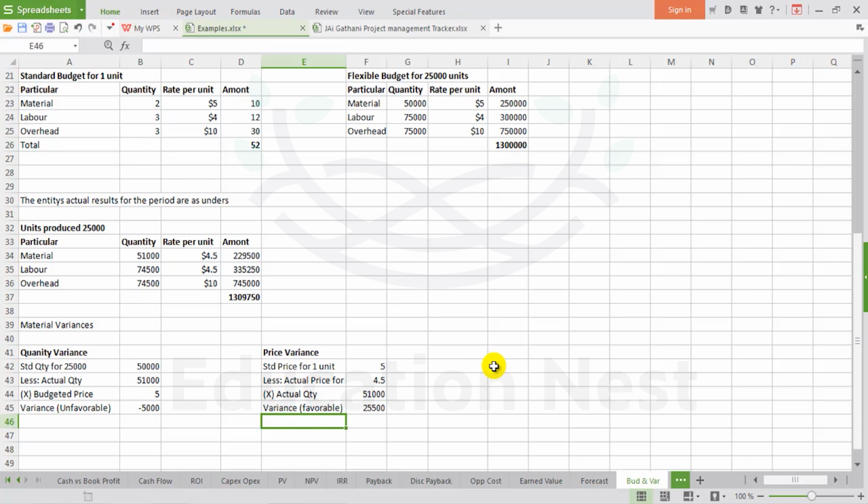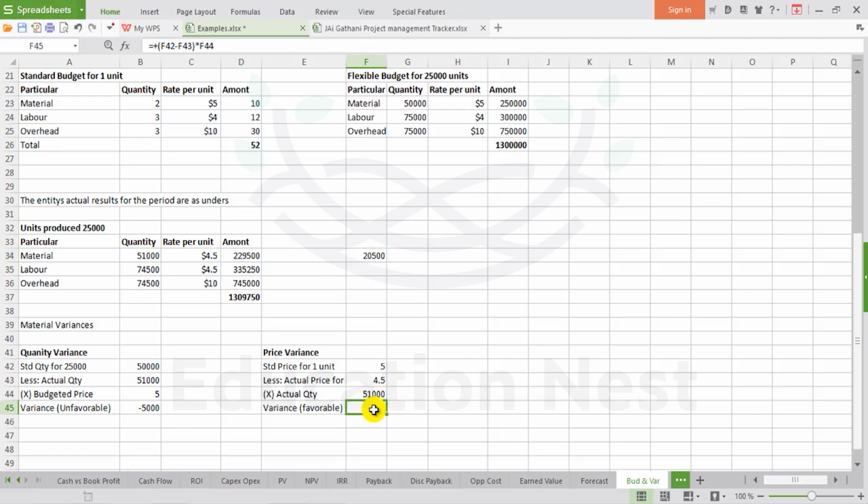There's a double check over here on the basis of which you validate that your variance computation is correct for this material variance. The total material variance over here is going to be expected standard cost minus the actual cost. The actual total cost incurred is less compared to the budgeted cost, hence it's a positive variance of 20,500.